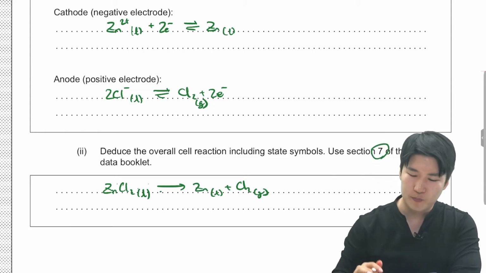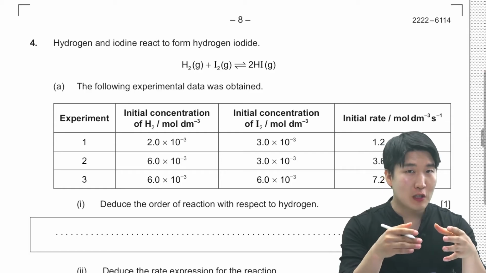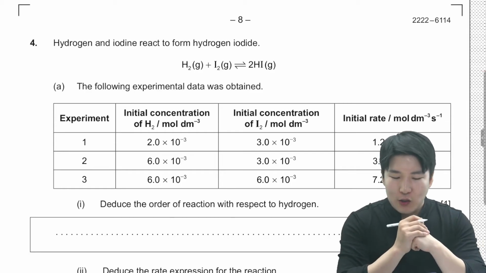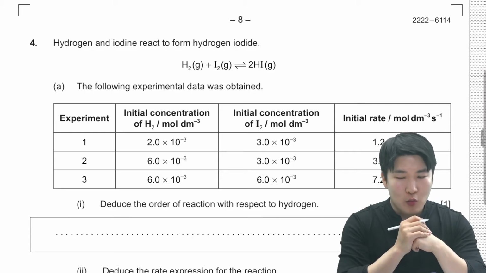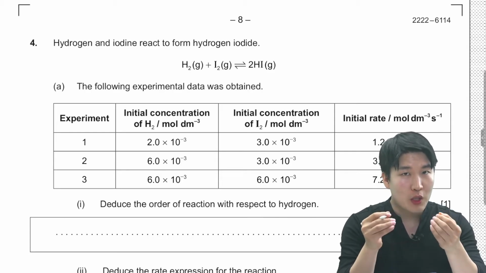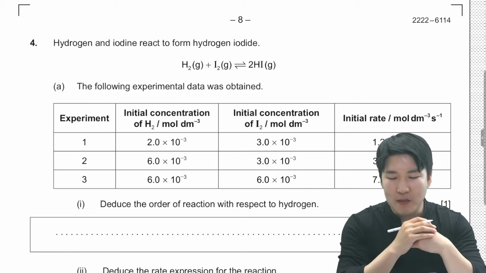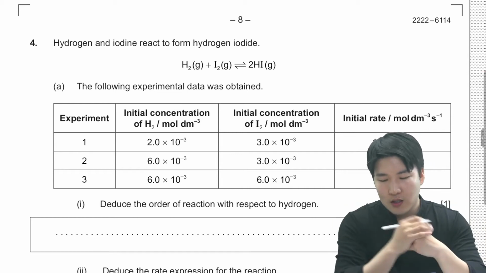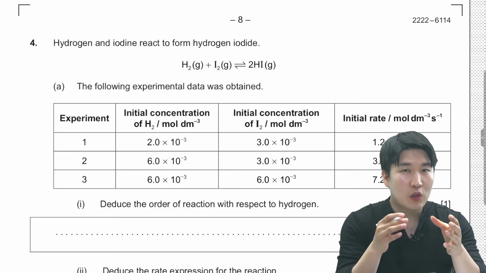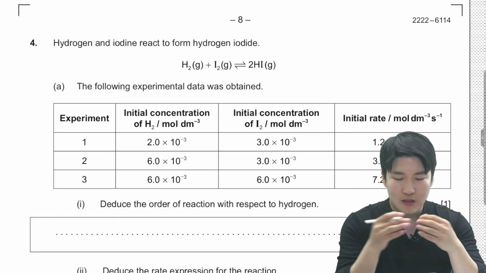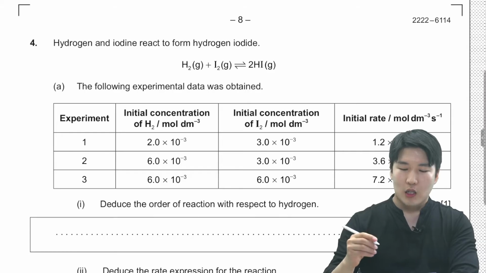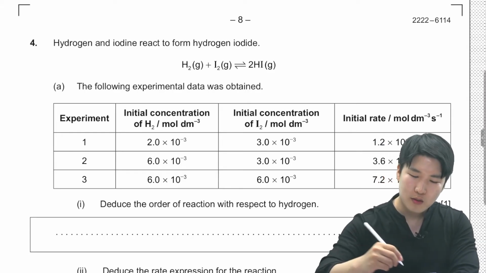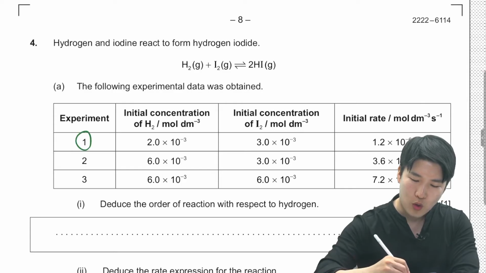liquid state. Hydrogen reacts with iodine to produce hydrogen iodide, and we have several experiments with initial rates. What are we doing? We are going to be comparing the concentration values with the initial rates to find the order with respect to each reactant. Starting off with hydrogen, let's compare experiment 1 and 2.